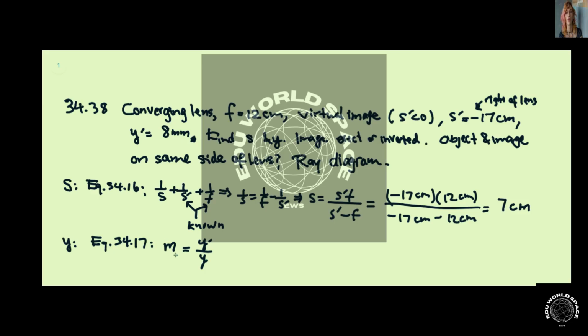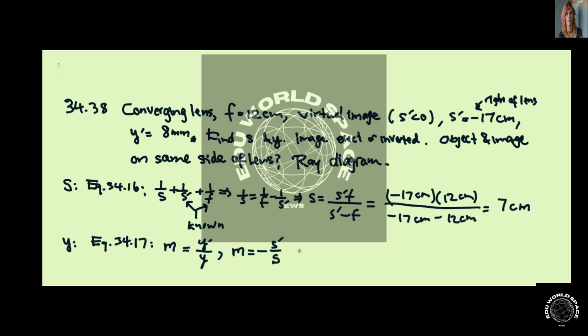But we don't know m, however we do know y prime, and we don't know y, so this doesn't seem like it's enough to give me what I need. But there's a second part to this equation where the magnification is also equal to the negative of the image distance over the object distance. S and s prime are both known, therefore I can readily determine m. Once I know m, I can rearrange things in this equation to solve for y.